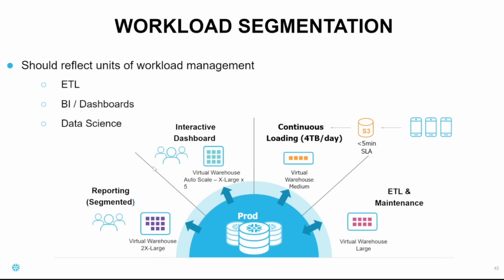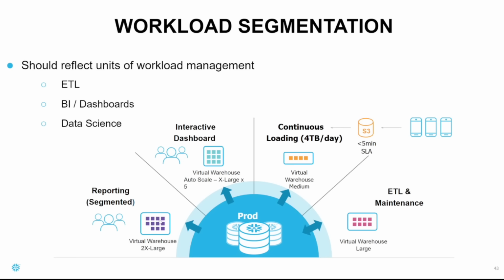Now, you could create multiple warehouses for different types of activity. Here, your data is at a central location, which is nothing but your prod database. Somebody is doing reporting out of the data, somebody is creating an interactive dashboard, there is an ETL process which is running every day, and then there is ETL and maintenance work.